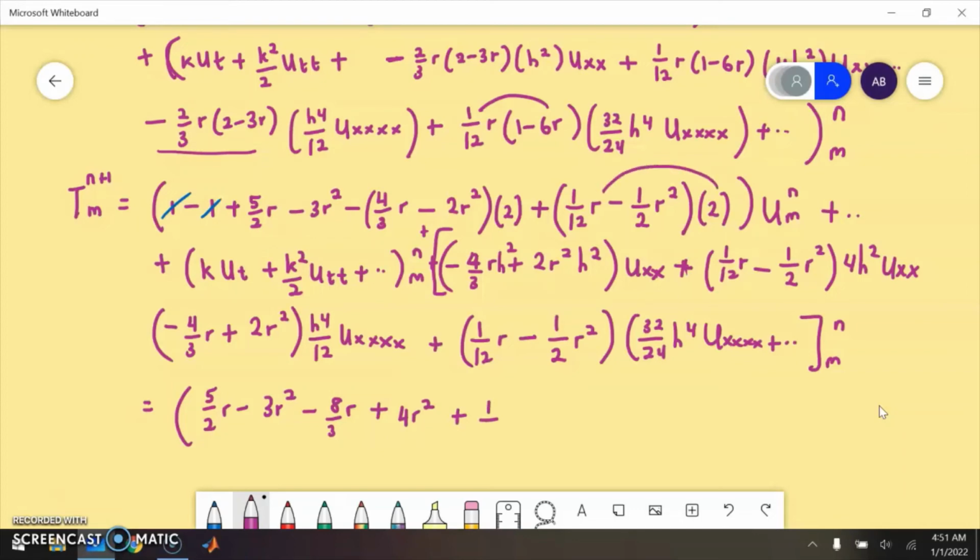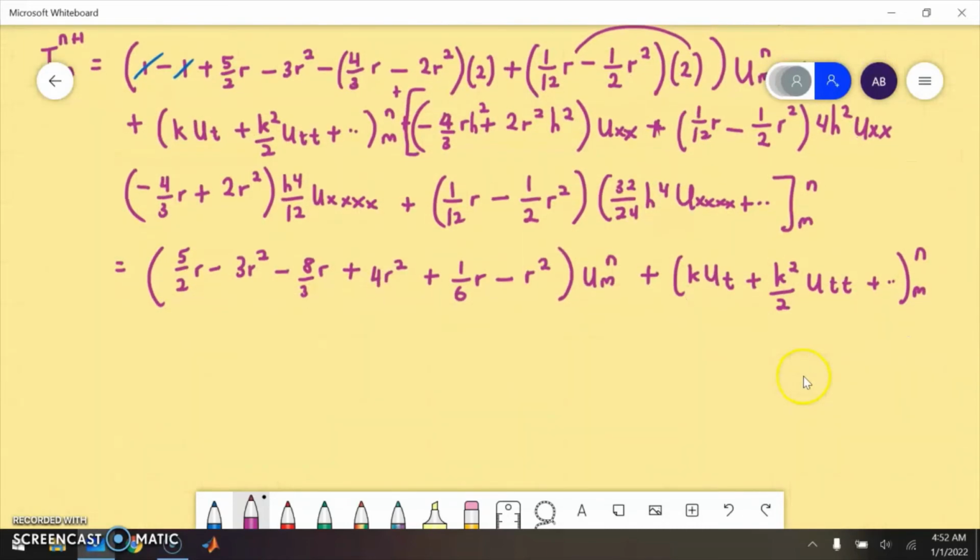So we have 1/(6r) minus r². This is u_mn, plus I have this term k u_t plus k²/2 factorial u_tt, whatever m, n.